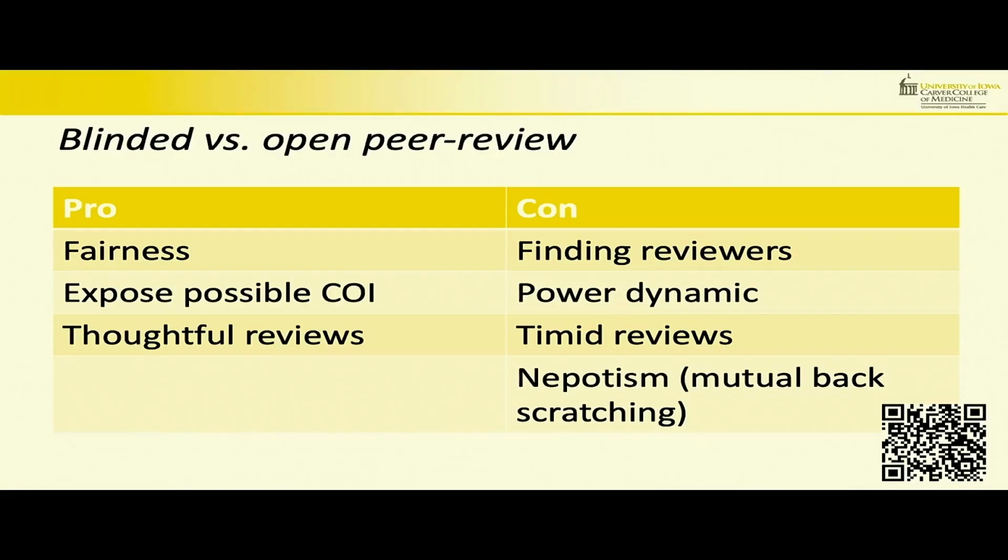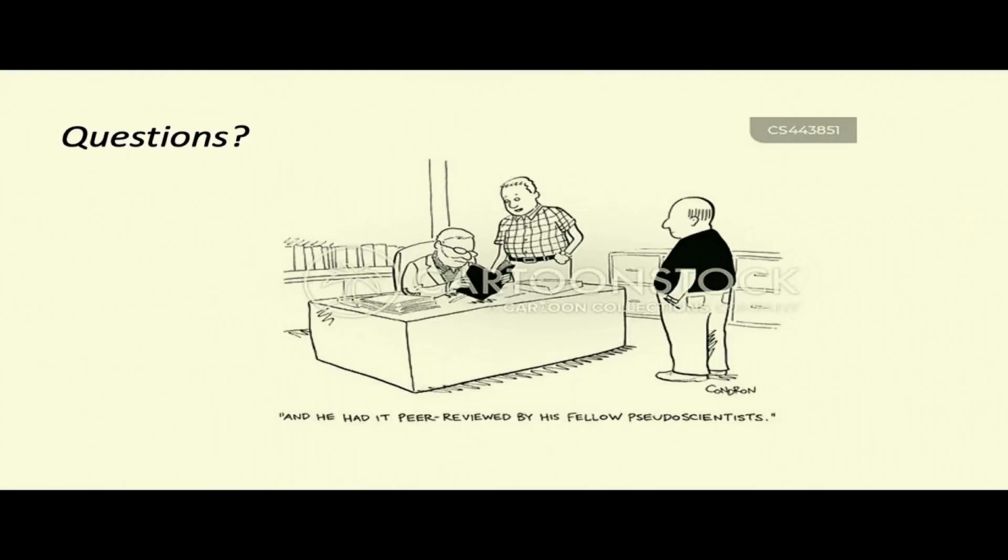Sometimes the expert is somebody junior to the author of the manuscript, and they're a little bit worried about writing critical comments to someone who is in a power dynamic with. If it's open reviews, sometimes they're not completely candid, and they could be timid. And the other way around too, there could be some mutual back scratching going on in nepotism. And so again, the reviews aren't candid and thorough.